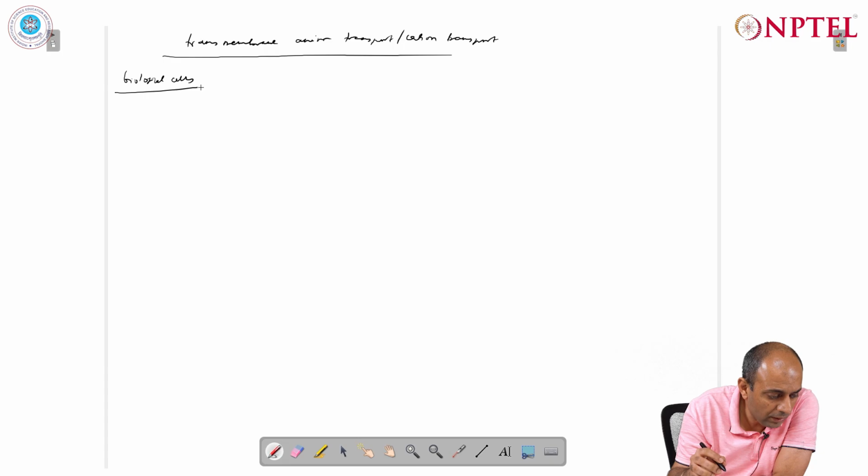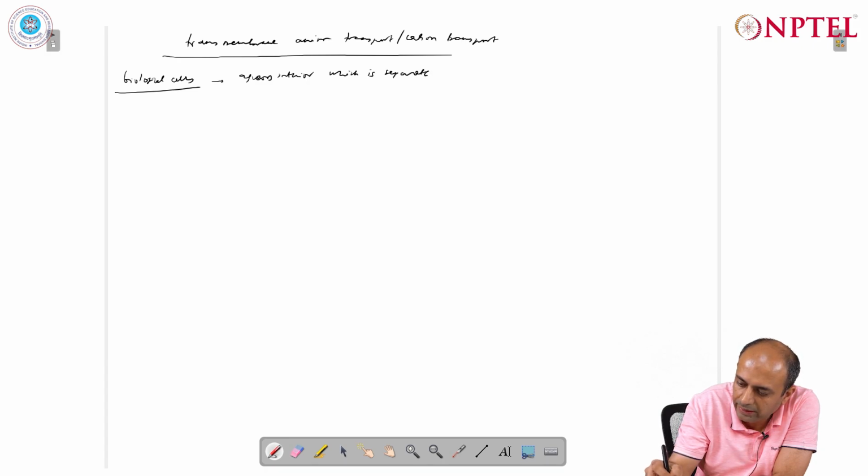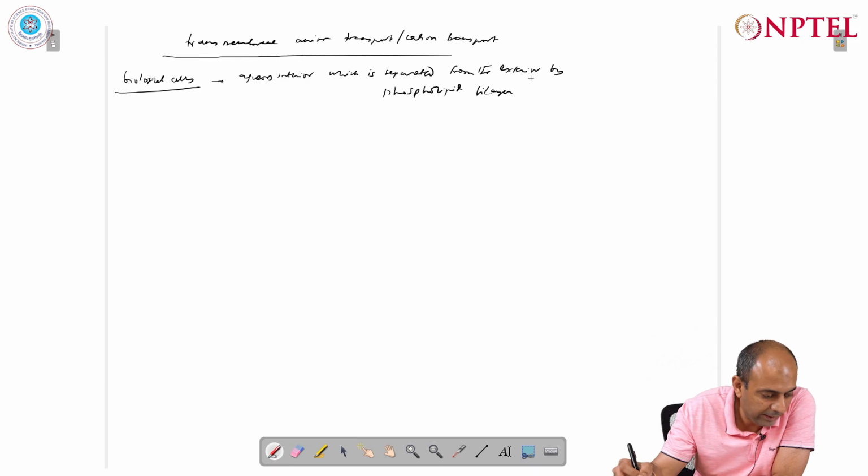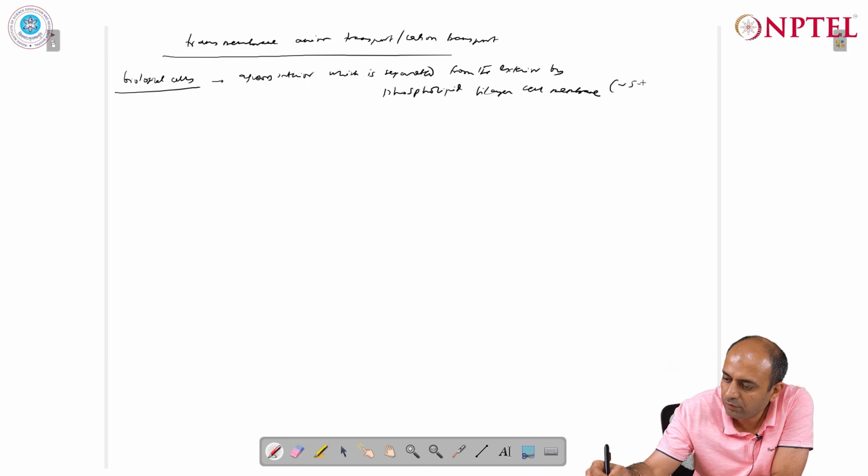And in a biological cell, what essentially happens is that we have got an aqueous interior which is separated from the exterior by a phospholipid bilayer cell membrane, which is around 5 to 6 nanometer in width.